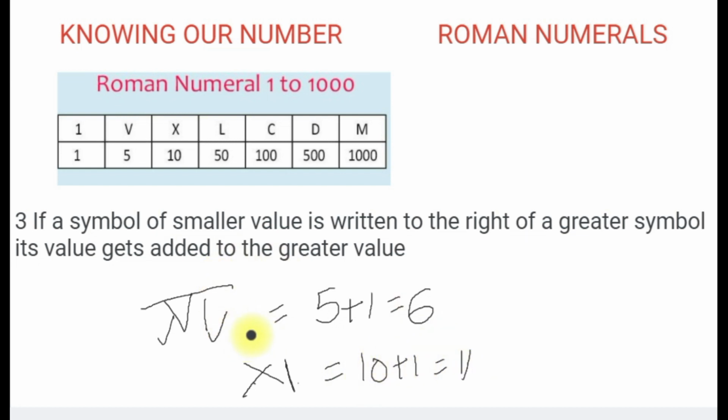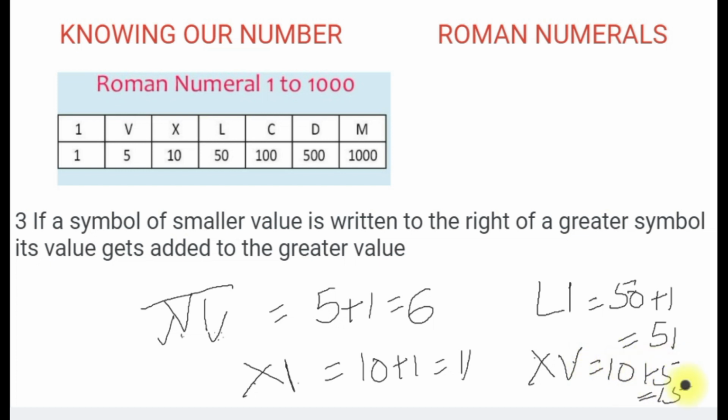So if a smaller value is written at the right of a greater symbol, then the value gets added to the greater value. Let us check another. If we write L and I, it will become 50 plus 1, 51, right? Let us see another. If we write X, V, 10 plus 5, it will become 15.